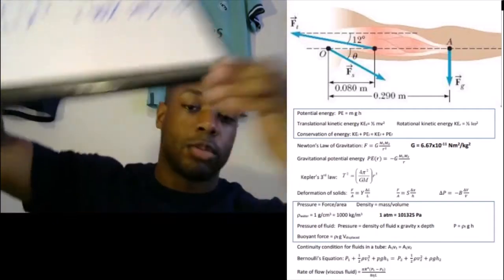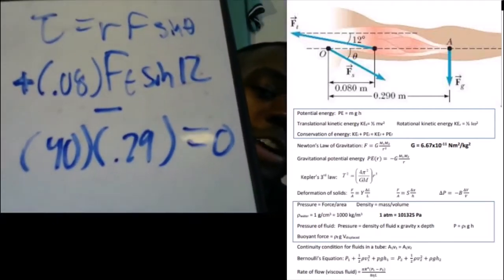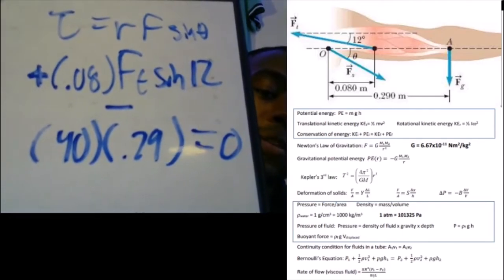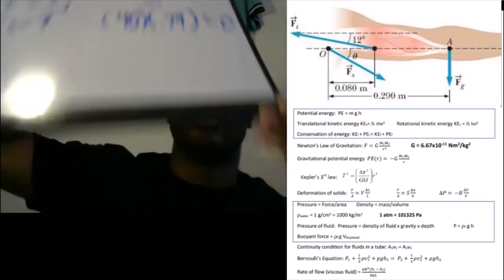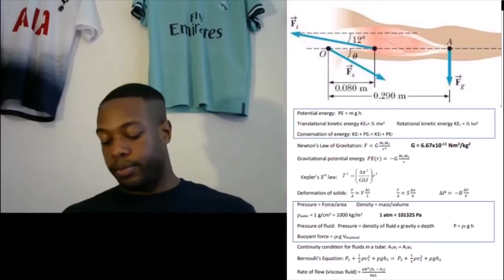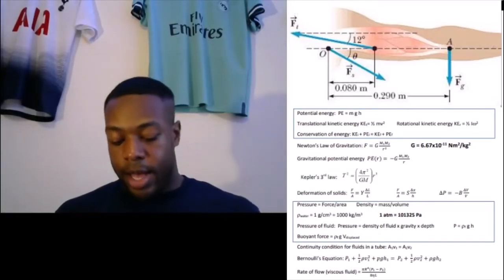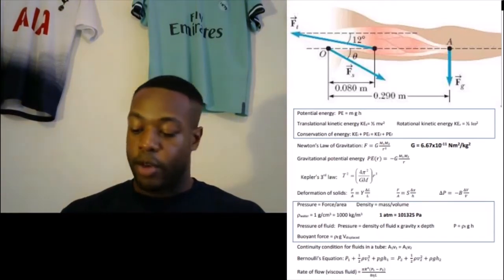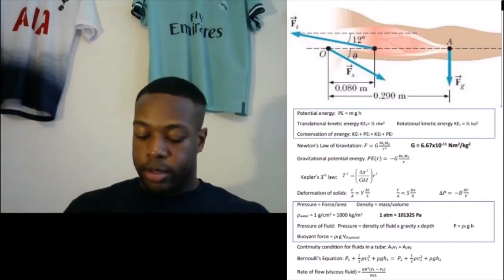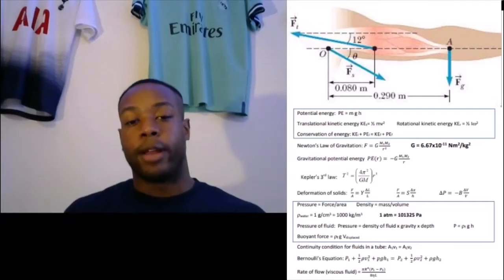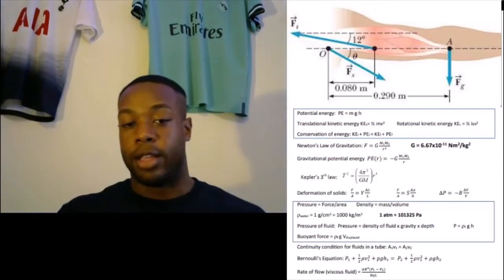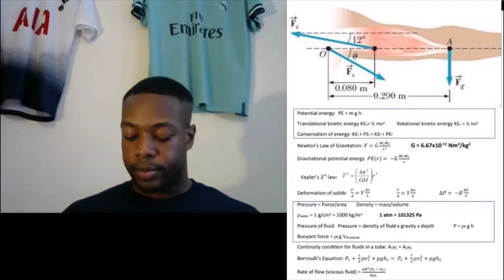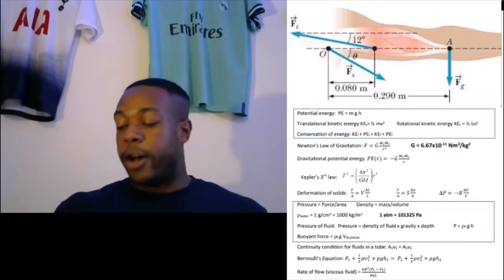So I've written it sort of sloppy, but that's it right there. Positive for the first torque value and negative for the second torque value equals 0. So we've got that. We can move it around a little bit so that one side equals the other. So we can move the negative value over and make it a positive value on the right side. And then we can just do some algebra. So let's do that.